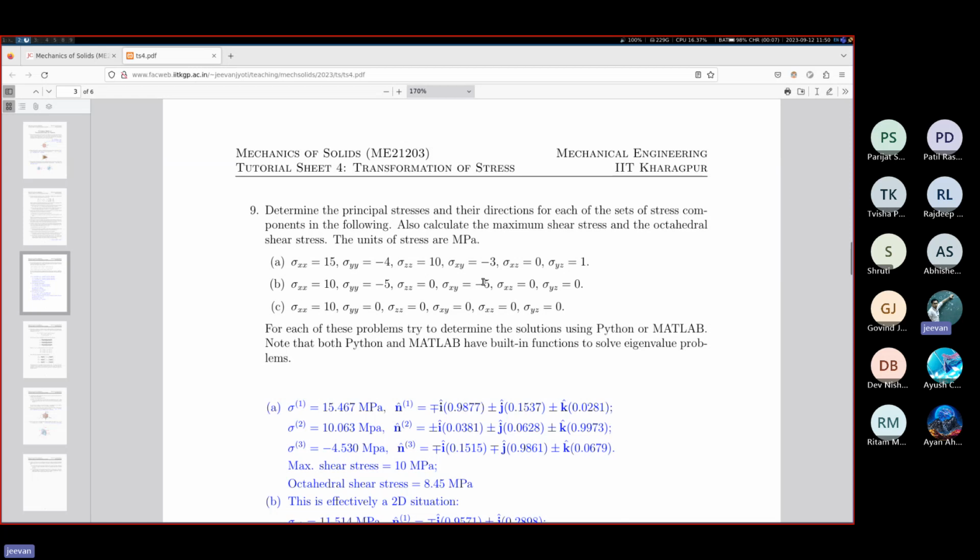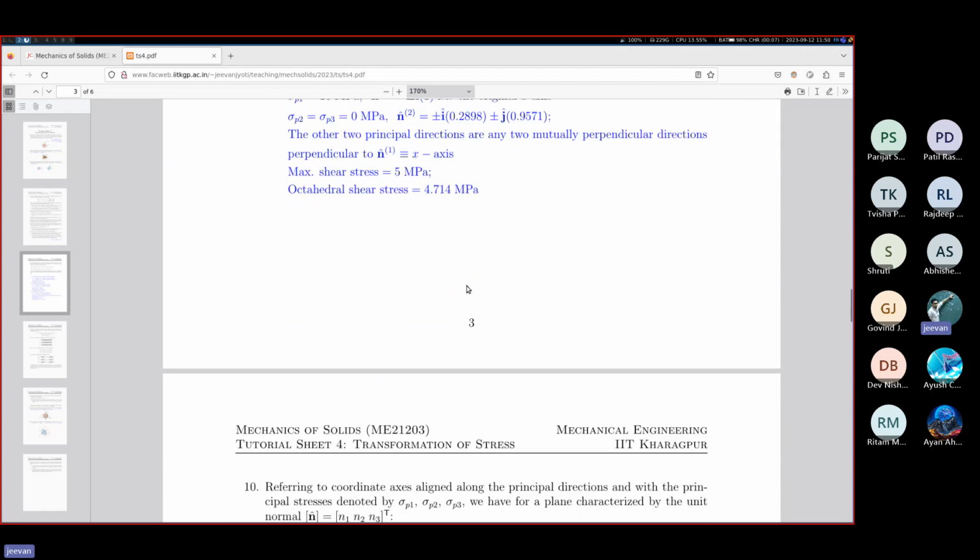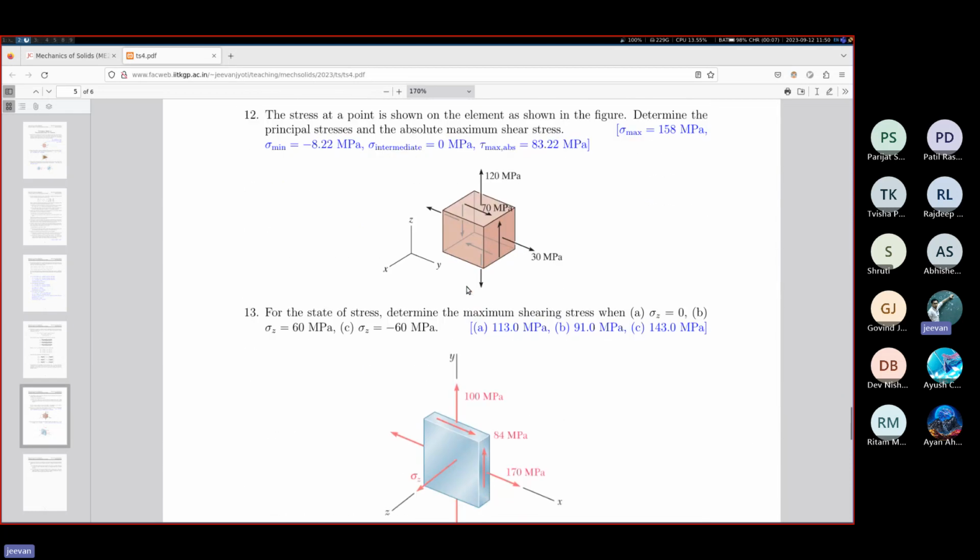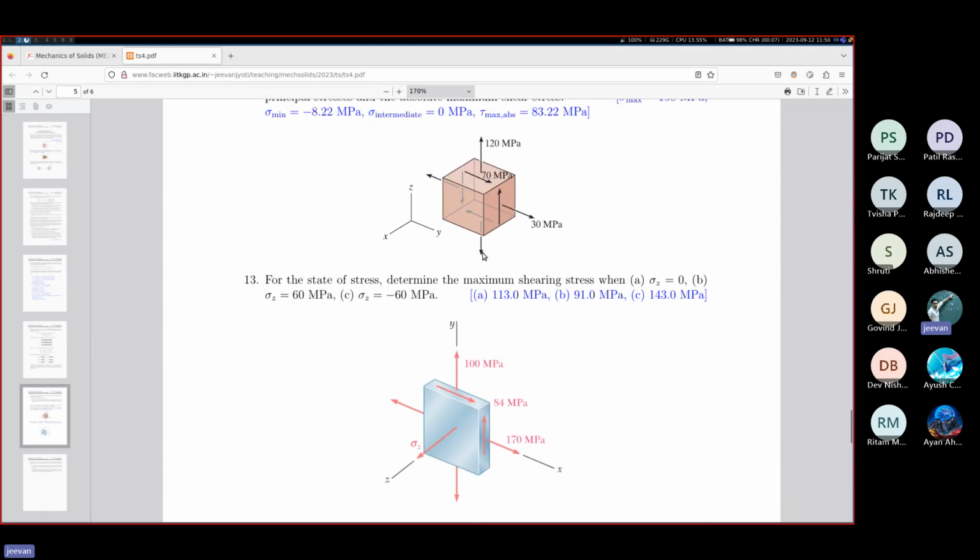Whatever it is, you have to solve the full three-dimensional eigenvalue problem for the principal stresses. But the reason we discuss these things is that in many practical applications, you do have certain planes on which the shear stresses are 0. We know that for a fact, and those things can be reduced to these kinds of typical problems.